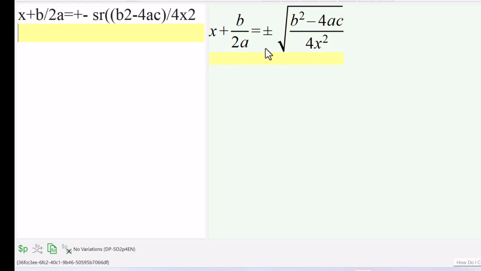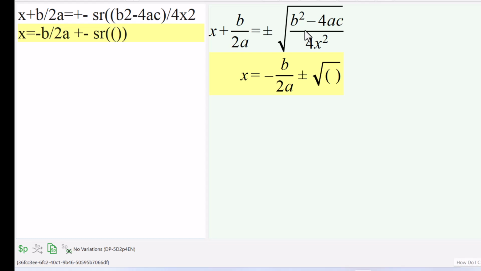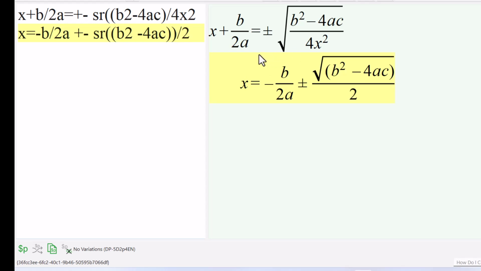Now to end this, I'll take my b over 2a to this part of the equation, which will now become x equals to minus b all over 2a, which is plus or minus square root. Now the square root of 4a squared will become 2a. So what I'm going to do here is this. So it's going to be b squared minus 4ac, then all over 2a.